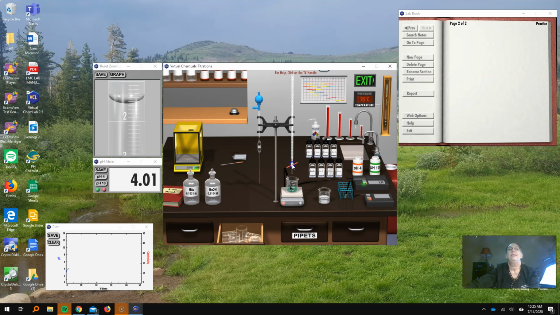I just have a little trouble with this burette on this program. Okay, maybe it's going to go slow. There we go, a little faster.